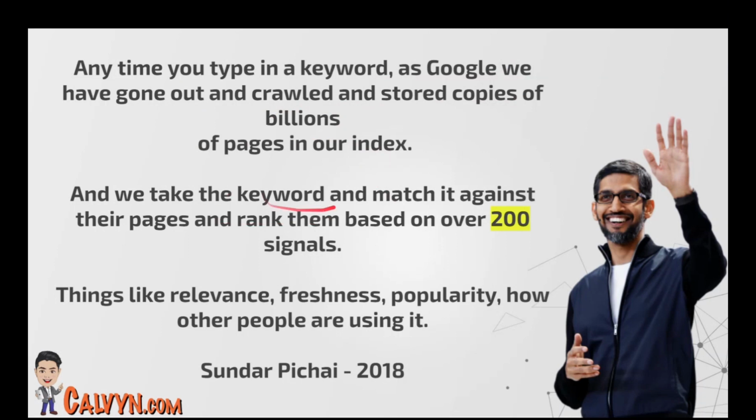They take the keyword you put in, match it against the pages, and rank them based on 200 signals, things like relevancy, freshness, popularity, and how other people are using it. So this was in 2018, he said 200 plus. Right now it is more than that, and a lot of SEO professionals claim that right now it is actually more than 300 factors.